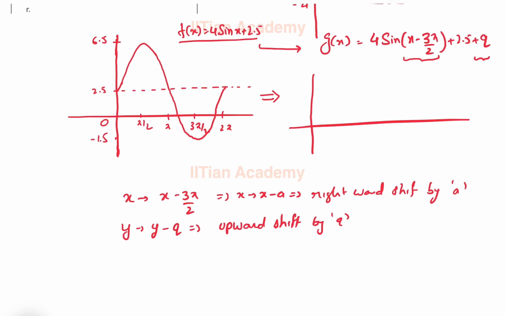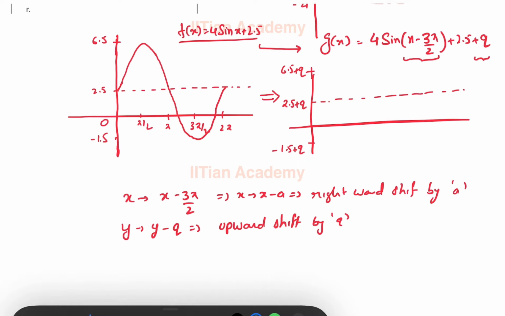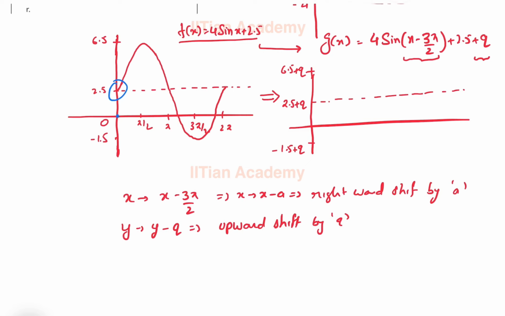So the graph of g(x) will be something like this. This would be 2.5 + q, here -1.5 + q, this will be 6.5 + q, and since it has been shifted by 3 pi by 2, this point which is coming at 0 will come at 3 pi by 2.